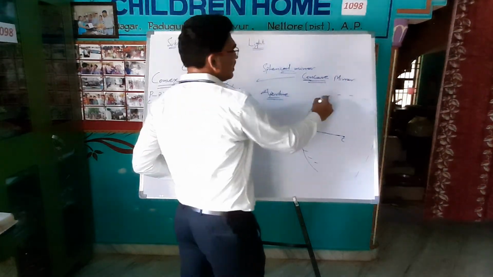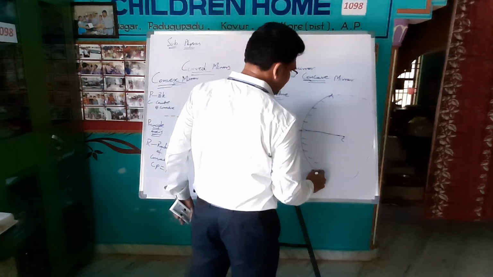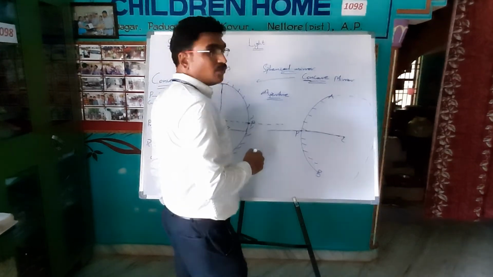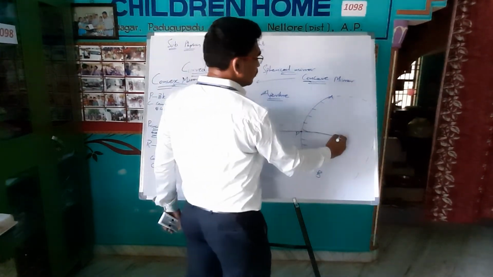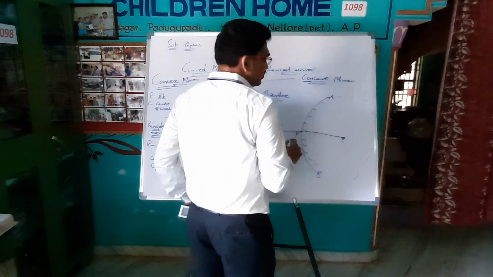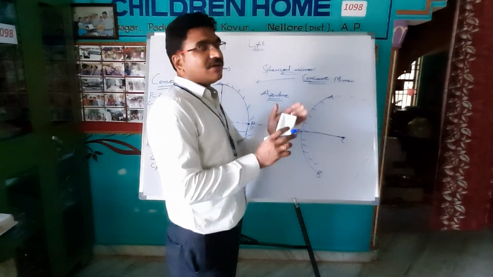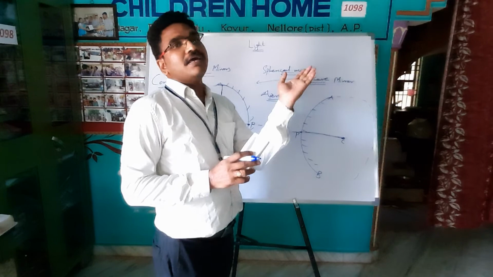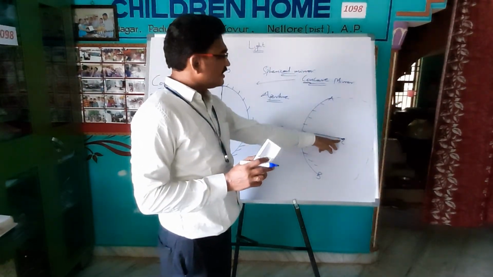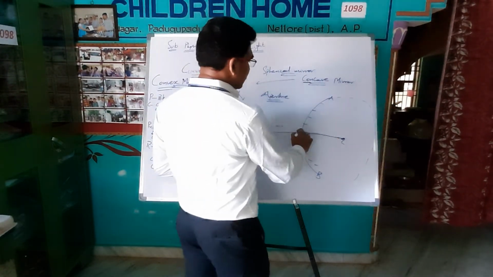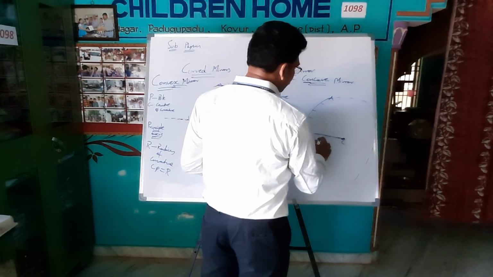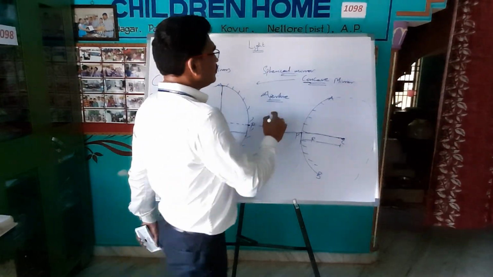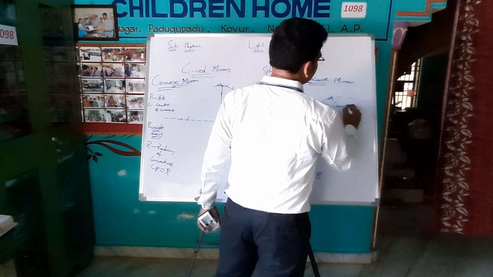I take this as AB. AB is the spherical mirror, and it is silvered inside, so this surface is going to be the reflecting surface. Now where is the center of curvature? The center of curvature is not on the reflecting side. It is on the back of the reflecting side. The center of curvature is there, and the radius of curvature is also like this. Okay, this is about convex.